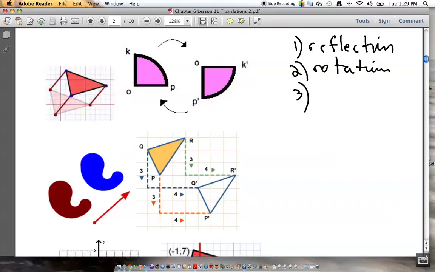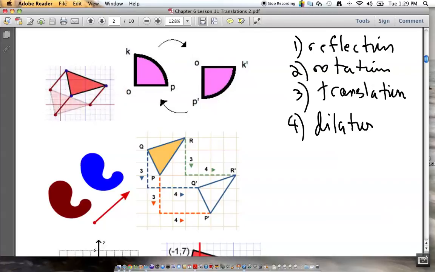Choice three is a translation. Choice four is a dilation. So, take a look at the first diagram right here. Which of those choices is it? Is that a picture of a reflection, a rotation, a translation, or a dilation? What is that a picture of?